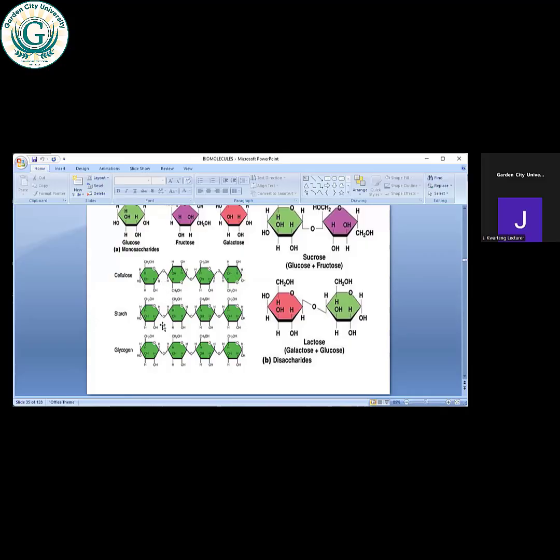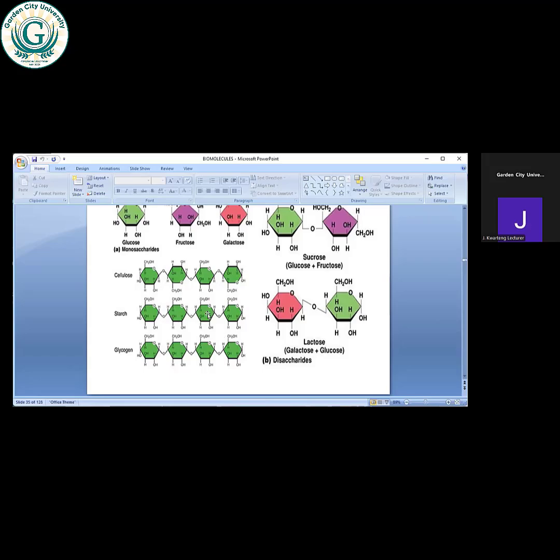Now I want you to look at the nature of the glycosidic linkage and compare them between cellulose, starch, and glycogen. Let's start off with starch and glycogen. Look at them. What can you say about the bond?